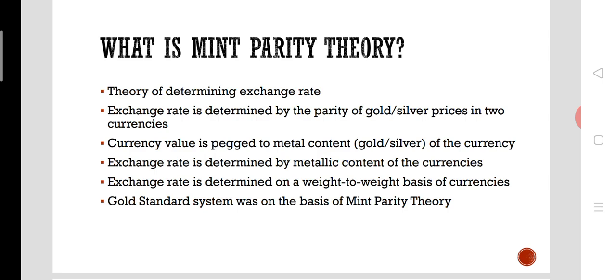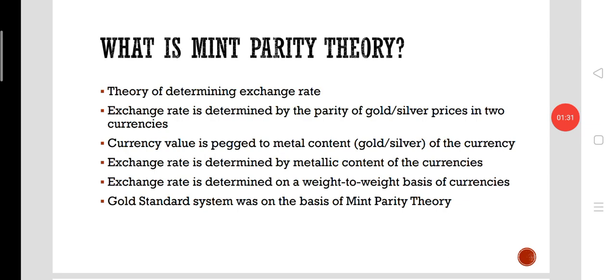That means currencies' values are pegged to gold or silver, especially gold under the gold standard system. So the exchange rate is determined by the metallic content of the currencies. So that way the values of the currencies of two nations are determined as per the value of the gold.